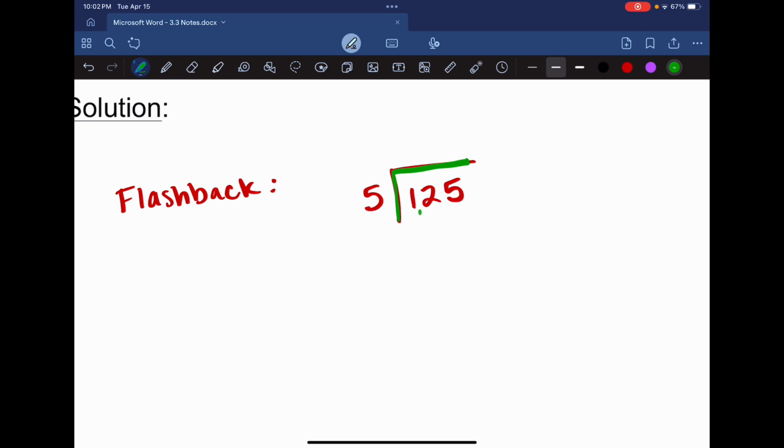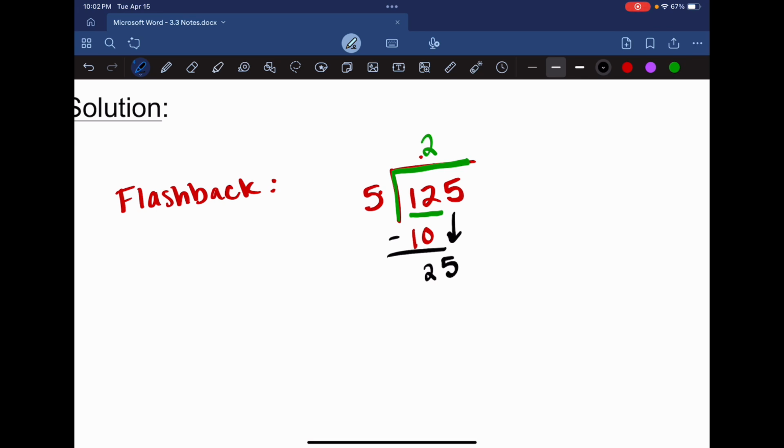You'd look at your 5, we'd see I can't do 1 divided by 5, so then I move, and now I look at 12 divided by 5. 5 goes into 12 2 times, so I put that up top. Then I would do 2 times 5 to get 10, and I would subtract these two numbers from each other. So I have 12 minus 10 gives me 2.